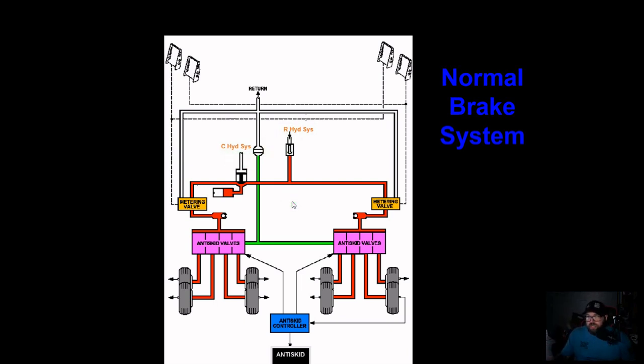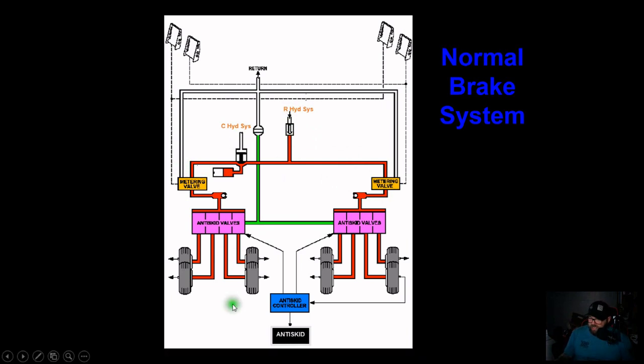This is under normal conditions, with the normal system being pressurized. Therefore, my right hydraulics come in and pressurize into my anti-skid valves, then out to the brakes. And over here, the center hydraulic system is the alternate, the secondary system.